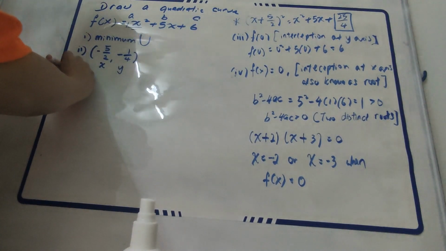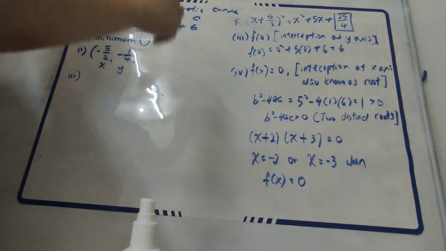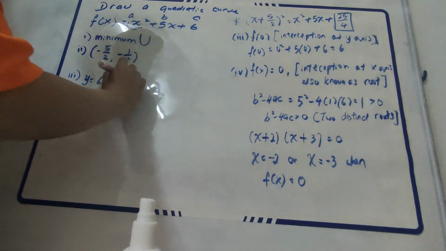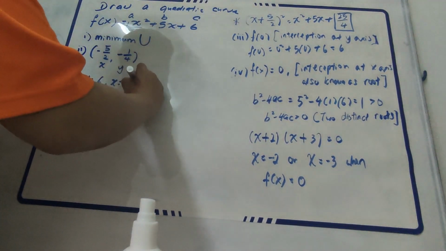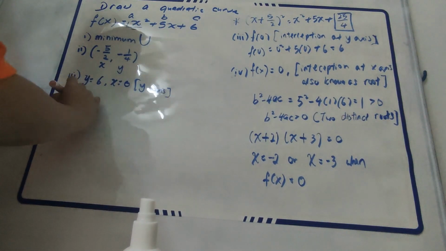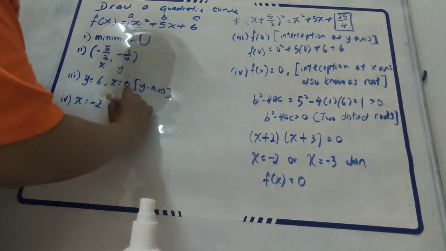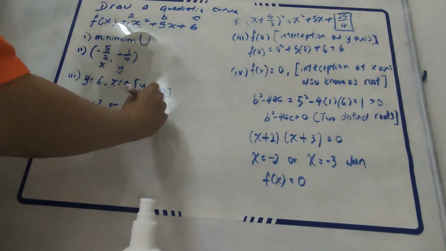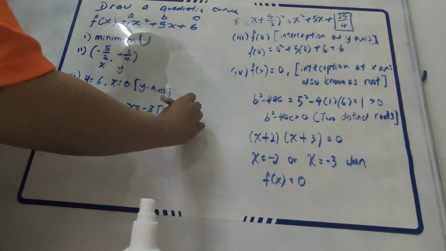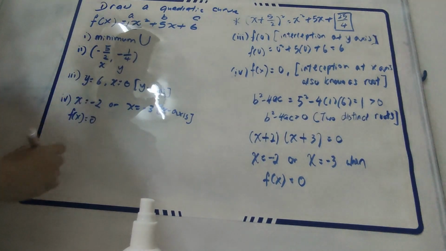Okay, when your x is equal to 0, the intersection at the y-axis, y equals 6. For the x-axis, you have x equals minus 2 or x equals minus 3, when your f(x) is 0.